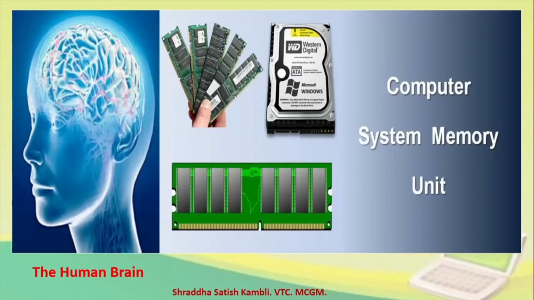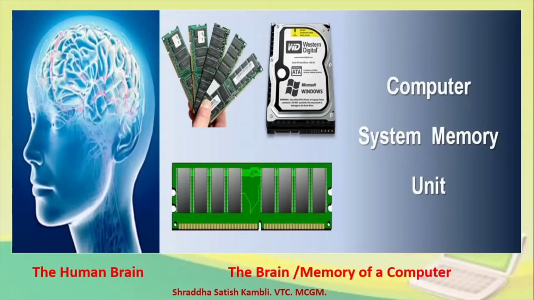So all these memory units are like the brain of the computer, or we can also call it the memory of the computer. A computer can store a lot of data, a lot of information in its memory. Okay, so it can keep words, it can keep pictures, it can keep sounds, and the moment you ask for something, the computer will immediately give you that piece of information.